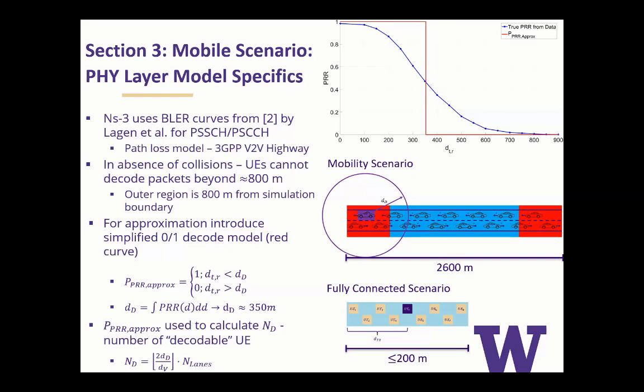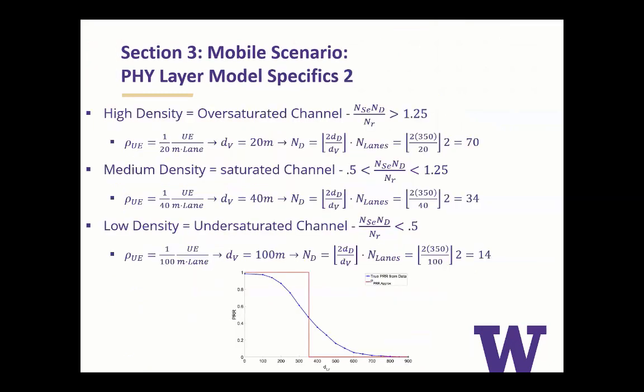With DD, we can compute the number of decodable UEs, ND, as 2 times DD divided by the distance between the UEs, rounded down, times the number of lanes. With ND, we can calculate how saturated the channel is. We define this value as the number of decodable UEs times the number of packets they send, NSE, divided by the number of resources in the sensing window or selection window, NR.